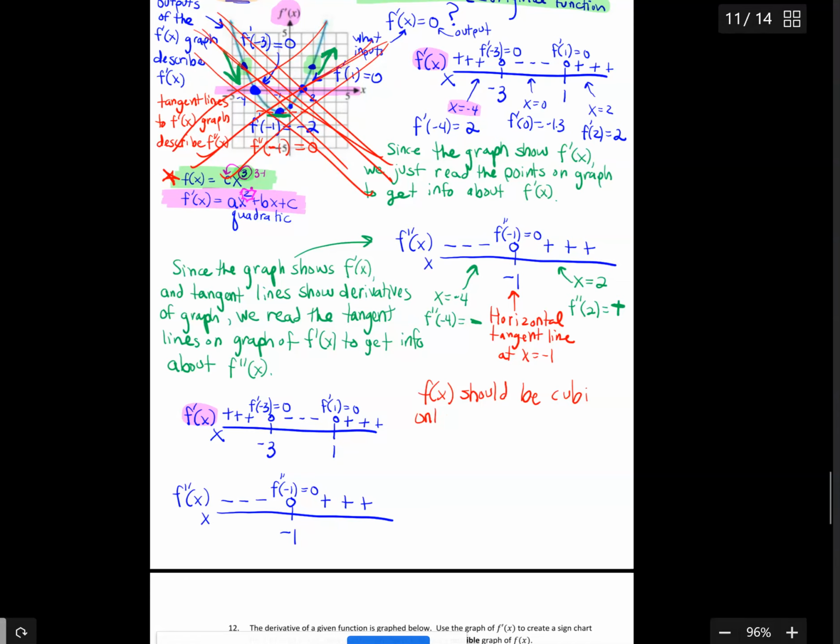So we just have to put all that on a graph. It's possible you're not going to know exactly where to locate things, but as long as your graph has the basic shape and the local extrema are in the correct x location, you'll be fine. How high or how low you put the local extrema, I don't know. That's why it's a possible graph.